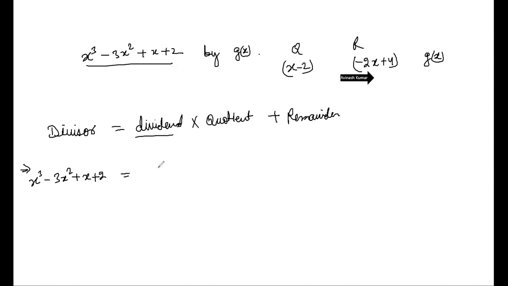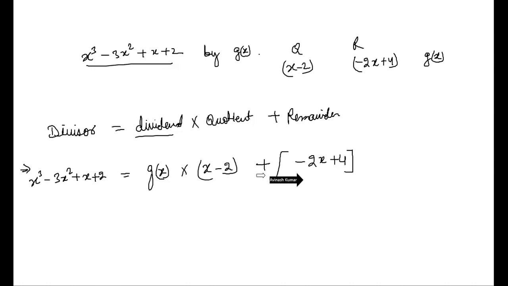So I will write it down here: gx times x minus 2 plus minus 2x plus 4. Any problem? So if you see, this is in addition, so this will go first on this side.